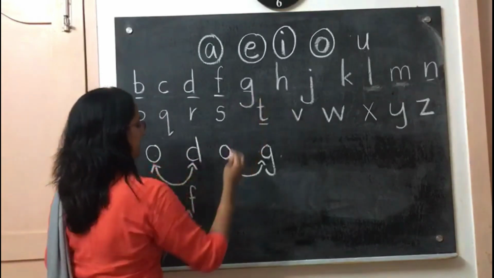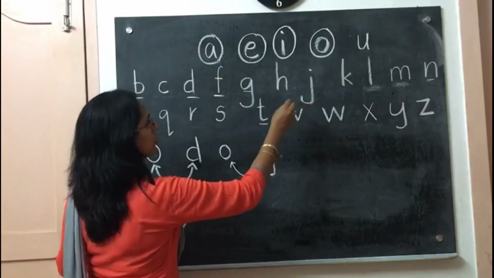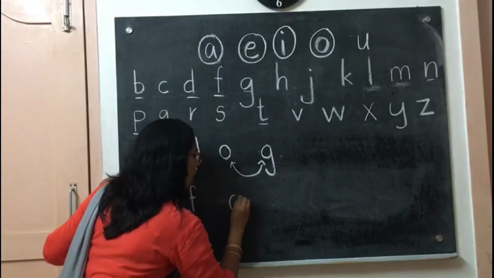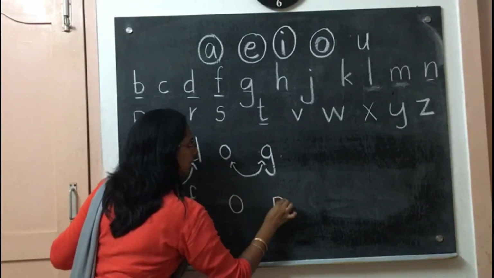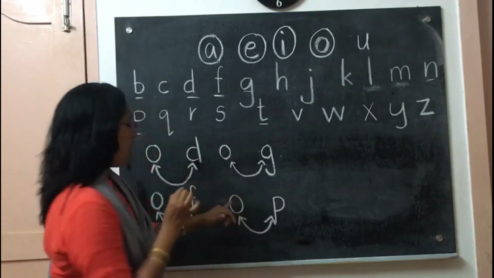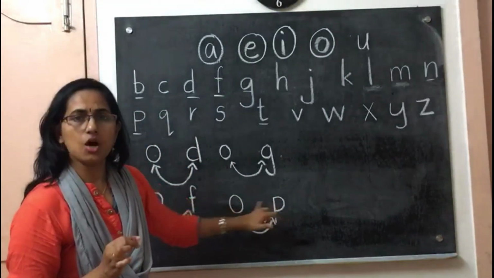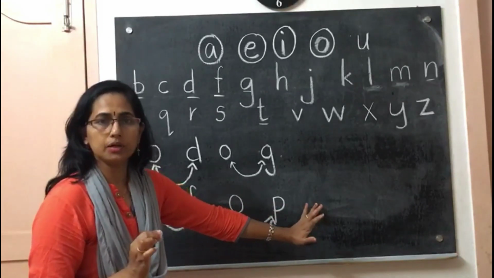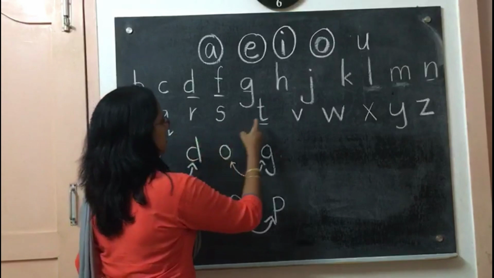The next letter I am going to join is P. O and P. The sound of P is P. O, P, Op. Then the next one is T.